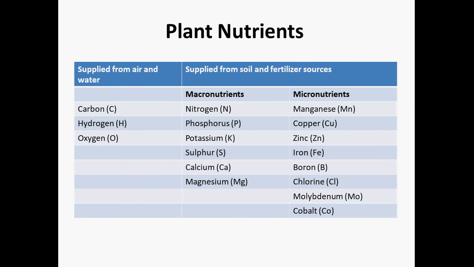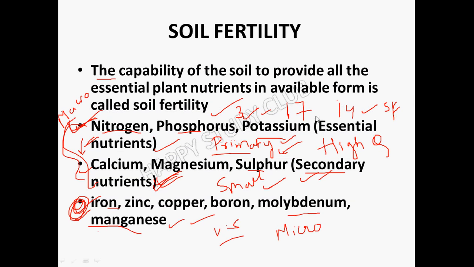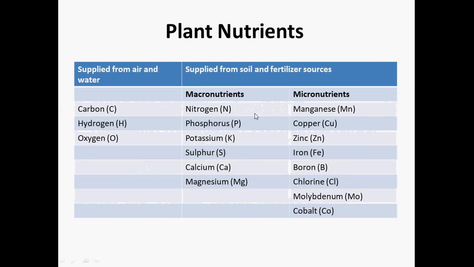So plant nutrients can be supplied from air and water. We have just discussed that there are a total of 17 essential plant nutrients. Three of the 17 nutrients are supplied from air and water, and the rest, 14, are supplied from fertilizer and soil sources.